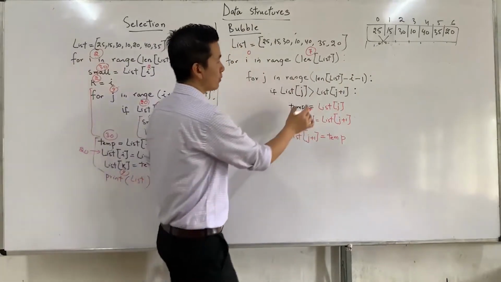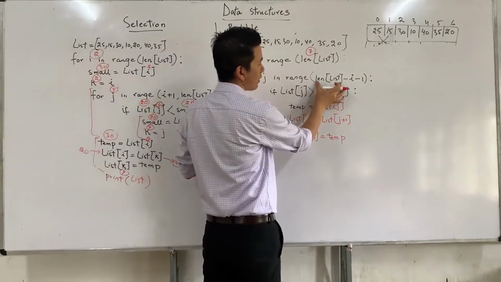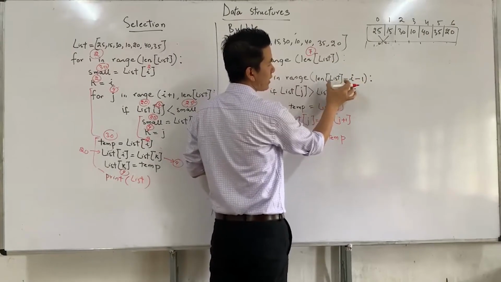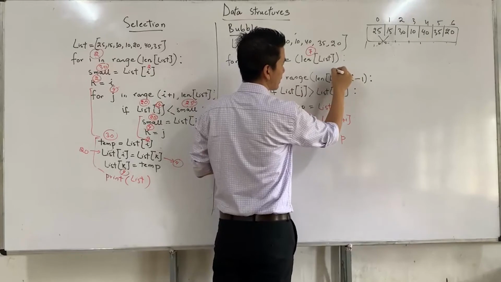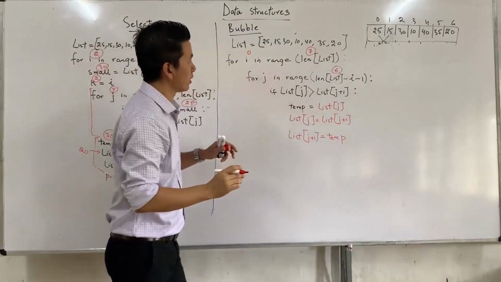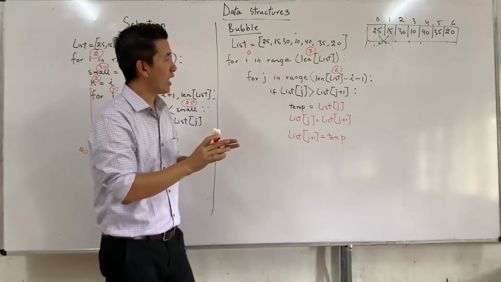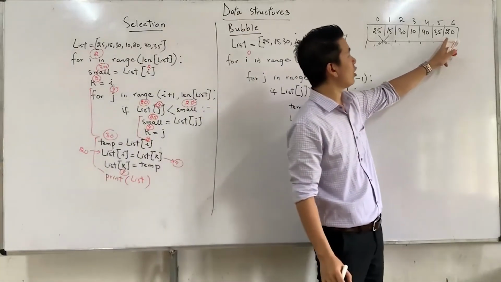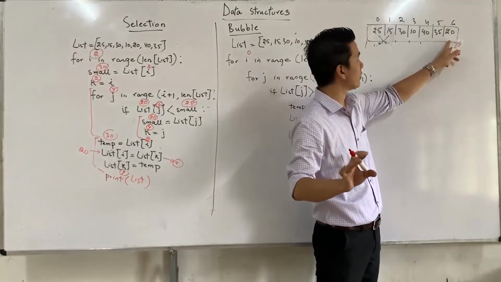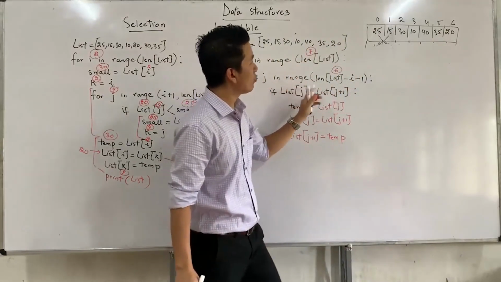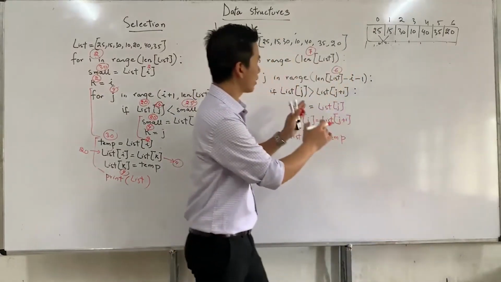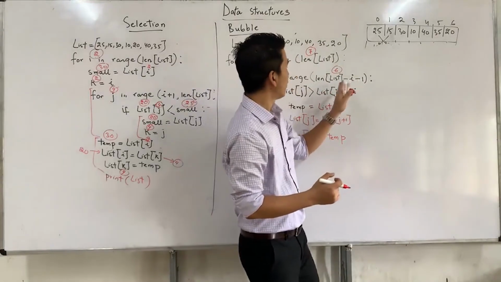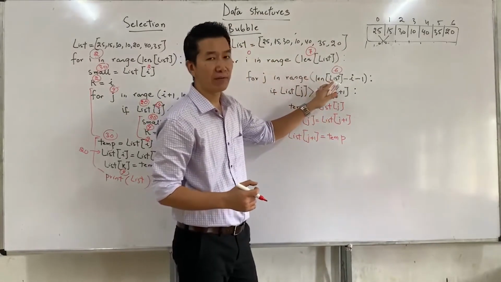So the length of list is 7, the value of i is 0, and 7 minus 1 is 6, which means the j value of 6 will not be considered. There is a reason: when the value of j reaches 5, you are comparing with j plus 1. So the final value of j will be 5.